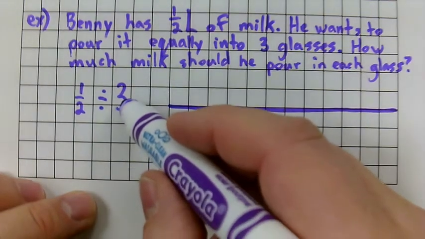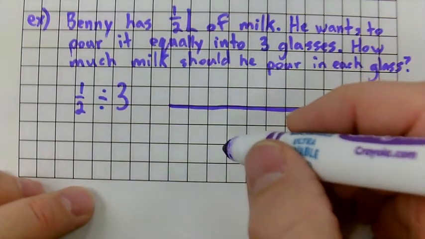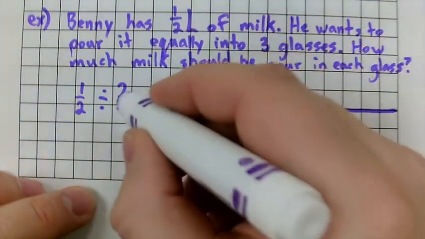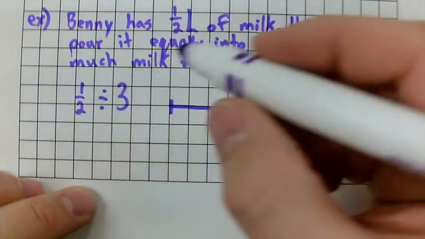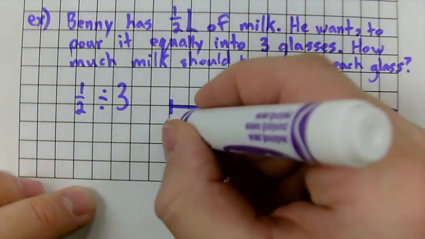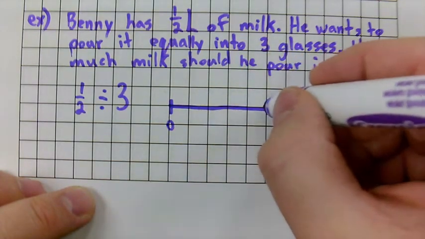So I'm going to take 3 times 2 times 1, which equals 6, and I'm going to break this up into sixths. So I have 0, 1, 2, 3, 4, 5, 6.